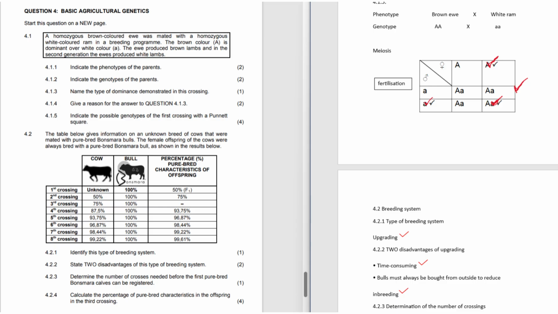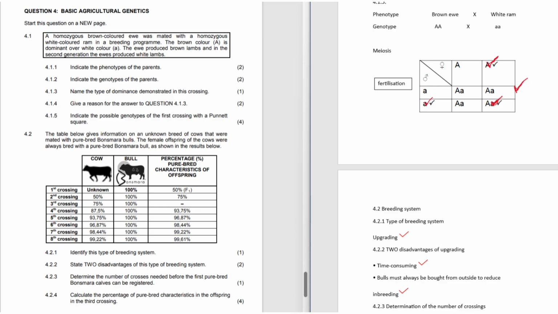The trait is a characteristic, until we get the desired characteristic. So this process is time consuming because we have too many breedings. We have to breed again and again, and this is time consuming.